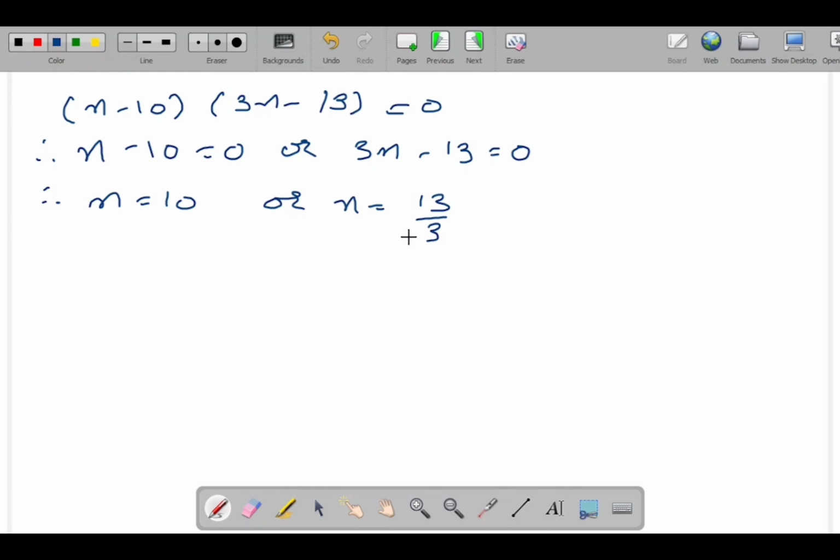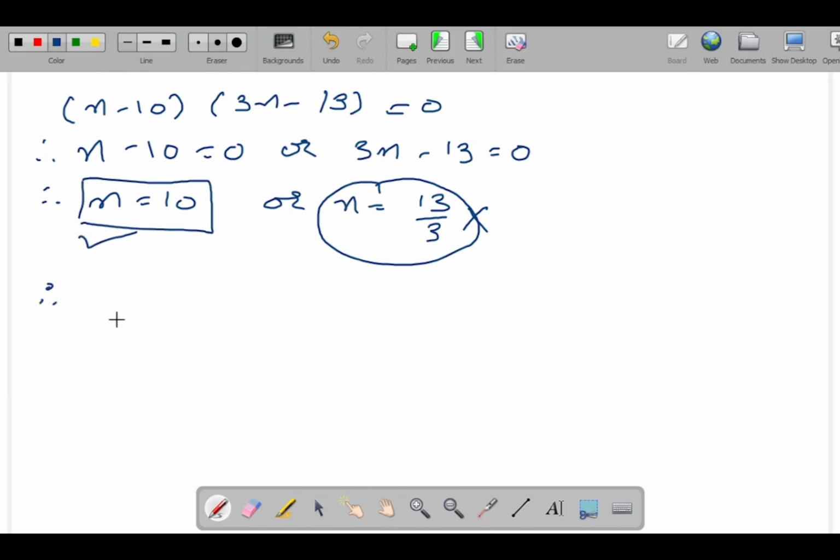We are calculating number of terms. Now, number of terms cannot be in decimal. Either it can be 10th term or it can be 11th term, either it can be 50th term or 51st term. We cannot find the 25.35th term. That's not possible, right? So here we do not consider n equals 13 by 3 because it is a fraction. So obviously n equals 10 is our answer.